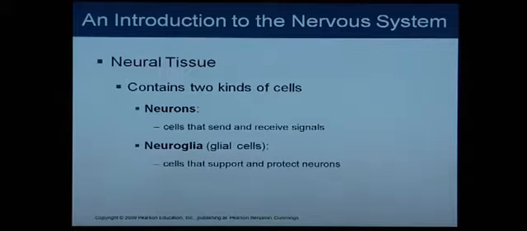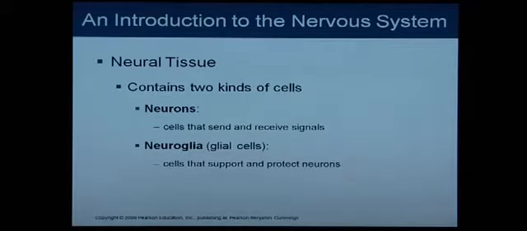If the brain is controlling a process, it will use neurons to send that signal to whatever organ or tissue we would like to act. Or if there is a sensory signal coming in that needs to be taken to the brain for interpretation, the neurons can bring those signals back to the brain. So it is a two-way street.